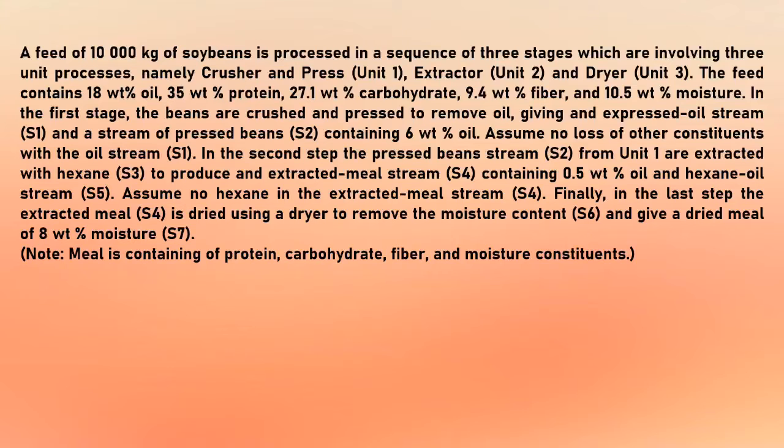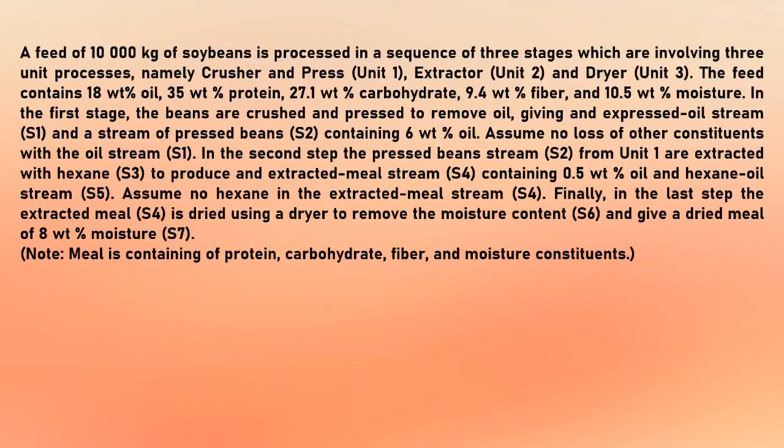In the second step, the pressed beans stream S2 from Unit 1 are extracted with hexane S3 to produce an extracted meal stream S4 containing 0.5 weight% of oil and hexane oil stream S5. Assume no hexane in the extracted meal stream S4.